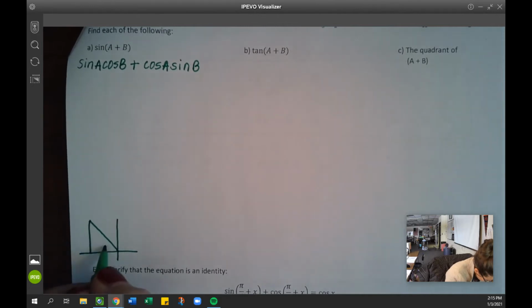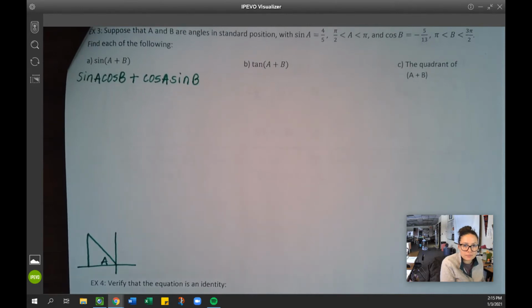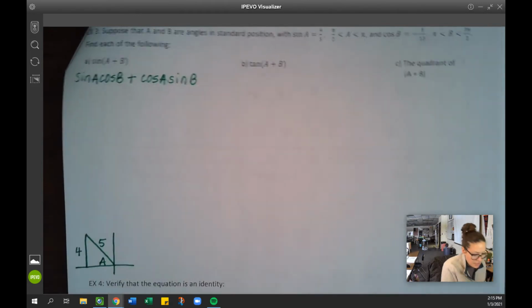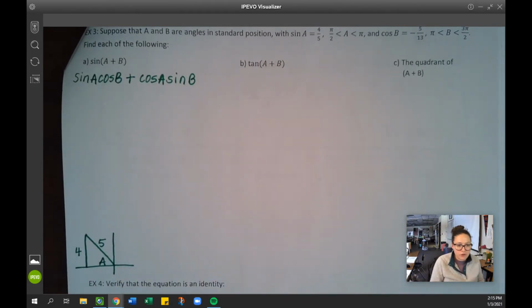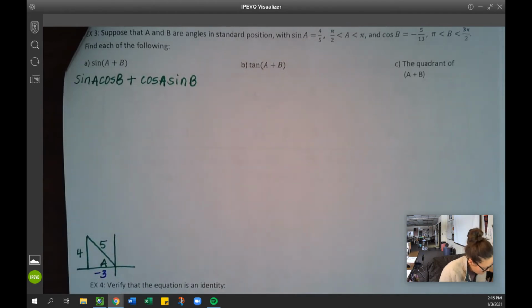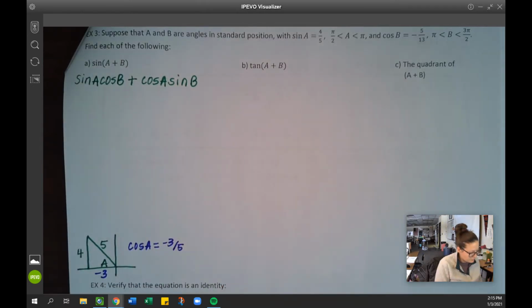So here's angle A, and we're told that angle A is in quadrant 2, remember, and that its sine is 4/5. Now we like this because this is a 3, 4, 5 triangle, which means that cosine A is negative 3/5.